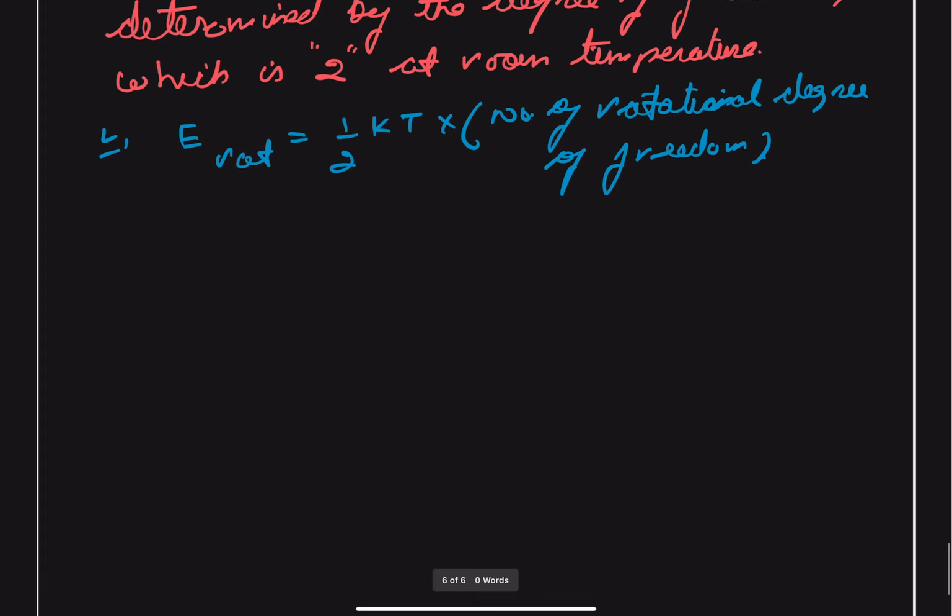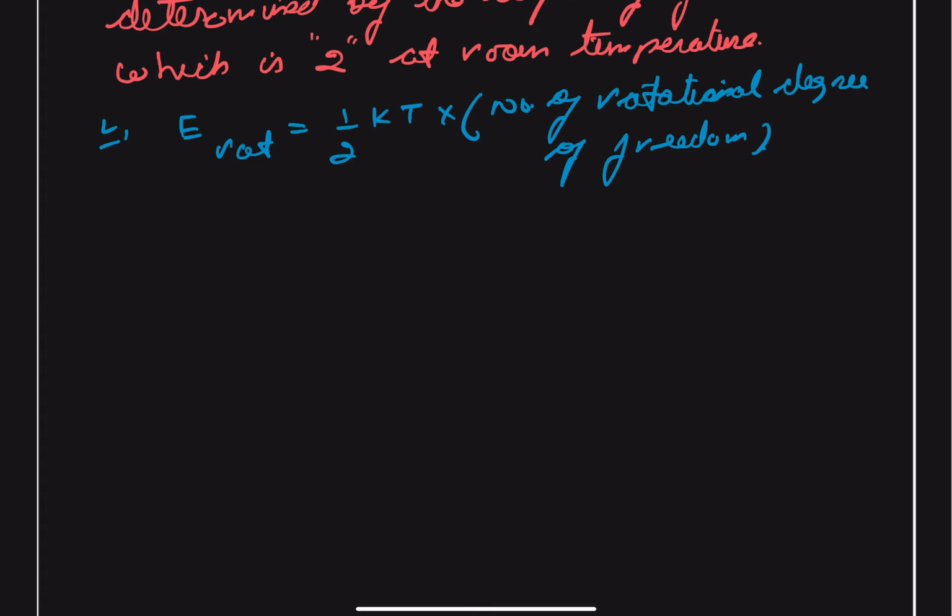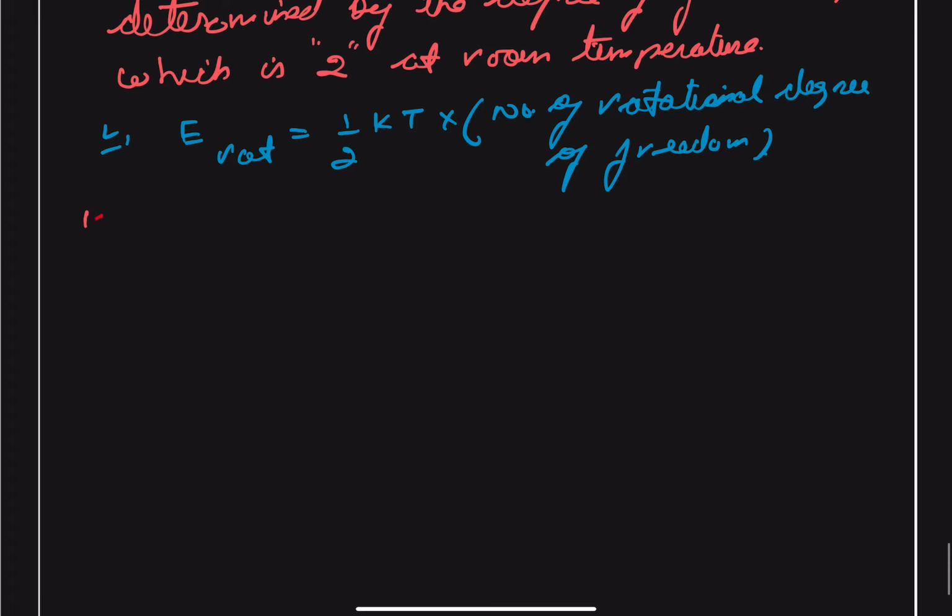Let me define, k is the Boltzmann constant and T is the temperature.